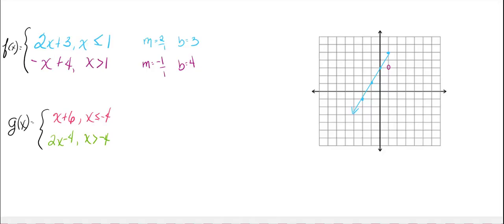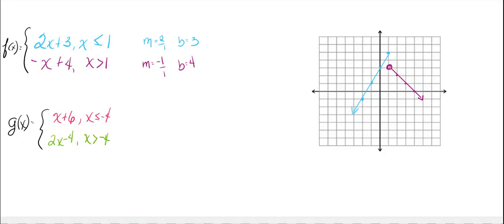I can't include it. If I were to color this in, I wouldn't have a function anymore, because then I would have 2 values for 1. But it doesn't include it, so I can do an open circle. And then I can go down 1, right 1, down 1, right 1, down 1, right 1. So now I've got a graph here with a negative slope, but an open circle at 1 to show that it does not include that number, but it approaches it.